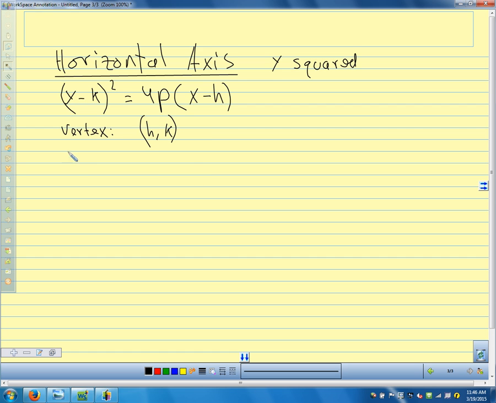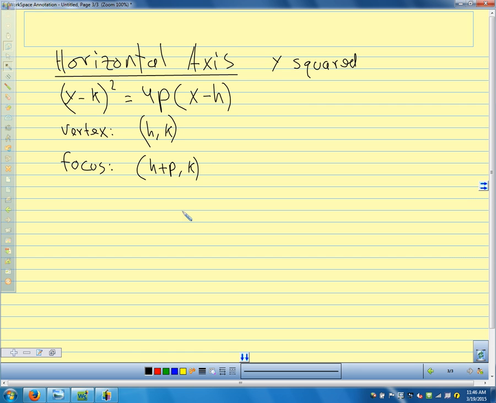Our focus now, instead of moving up and down from the vertex, since our parabola is opening sideways, we're going to move left and right from the vertex. So our focus is going to be p units away from the vertex again, (h plus p, k).